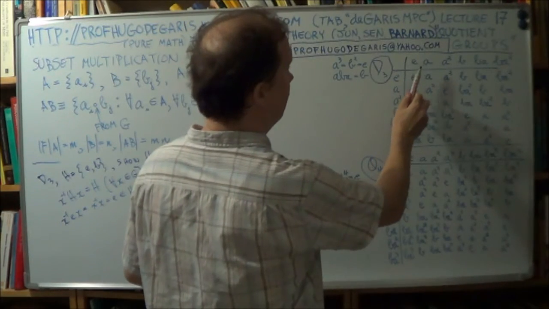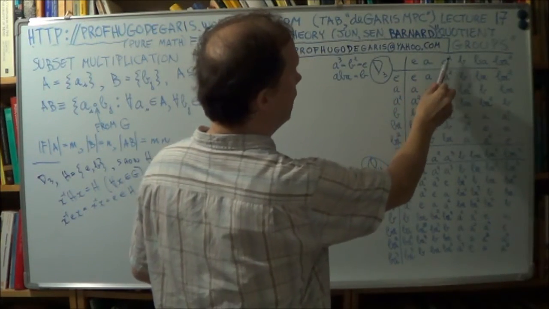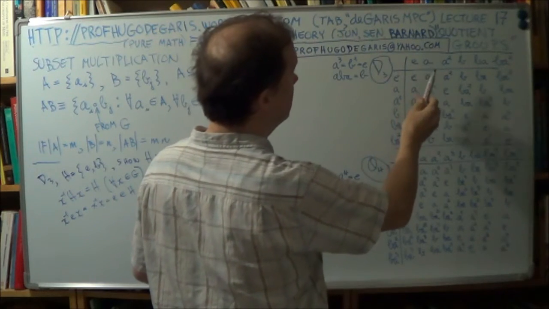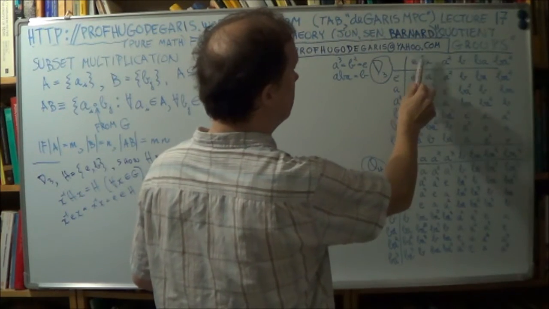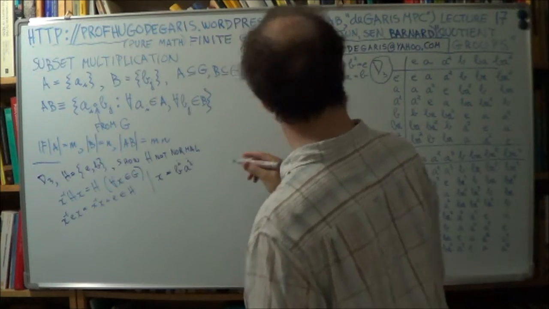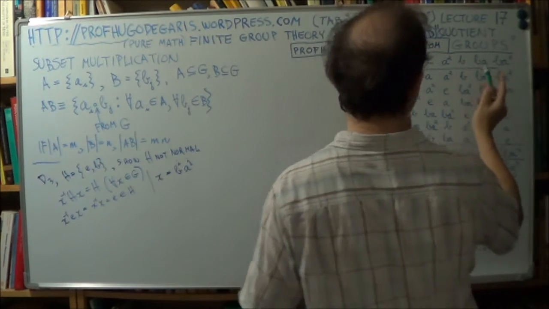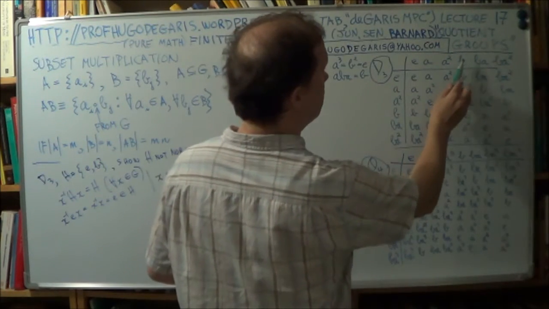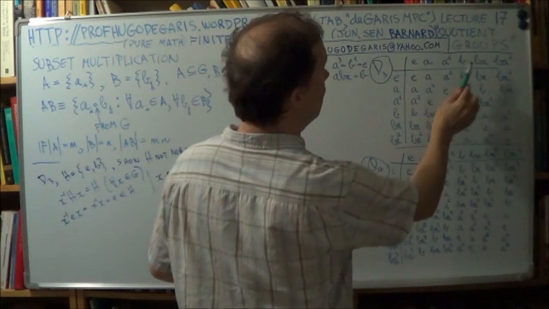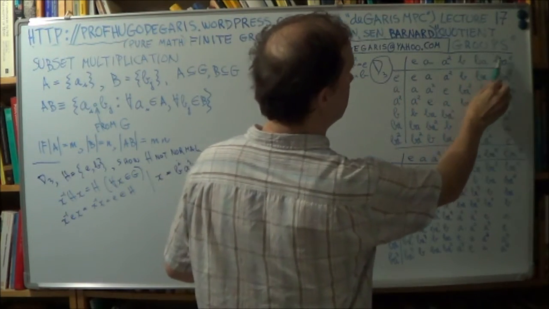So A can range from 0, 1, 2. And B can be either B to the 0, as here, or B to the 1, B here.